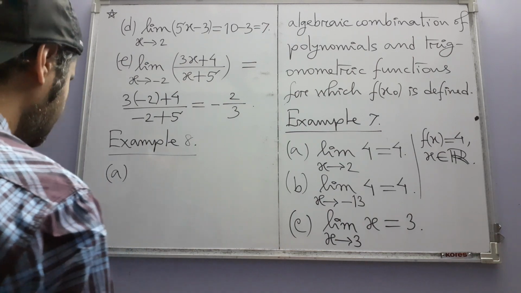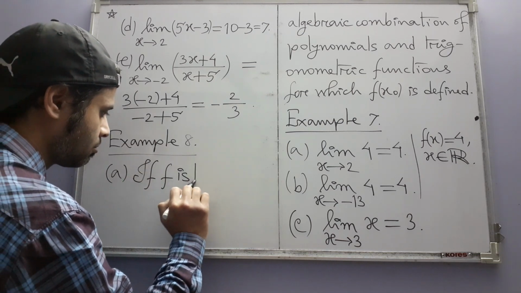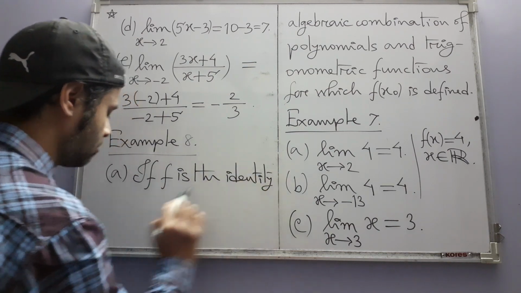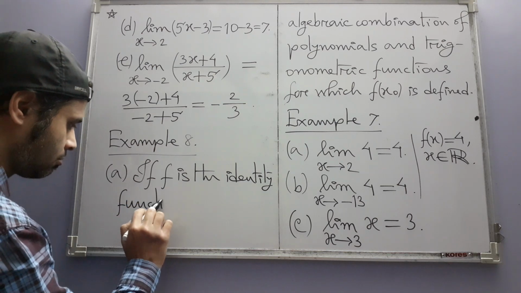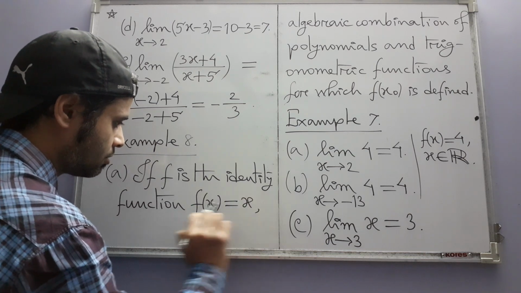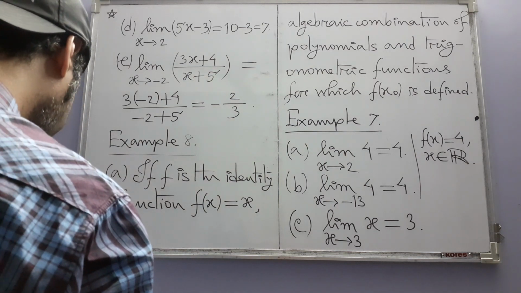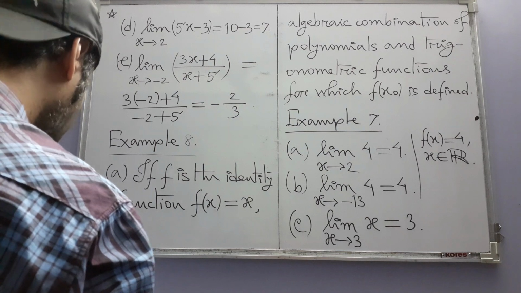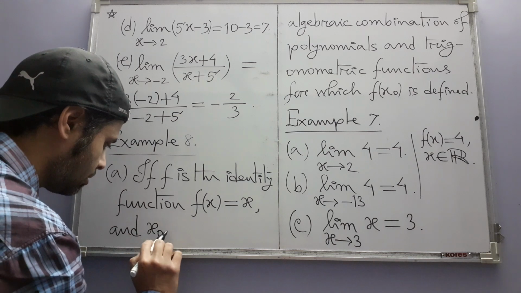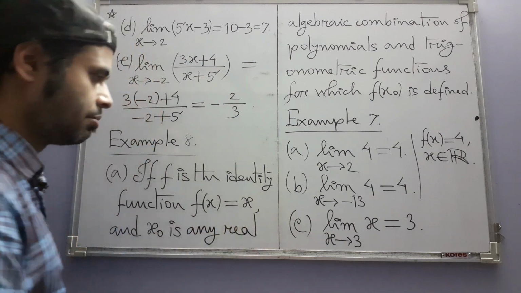If f is the identity function, f of x equal to x, and x naught is any real number.